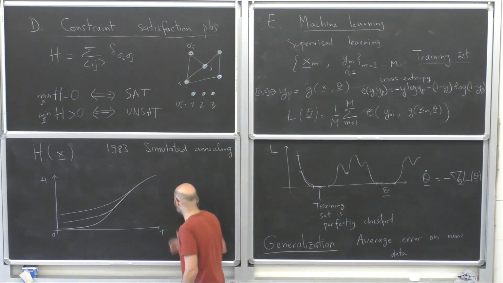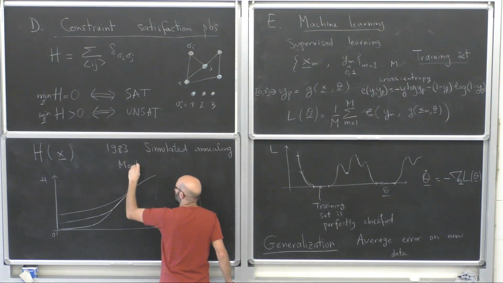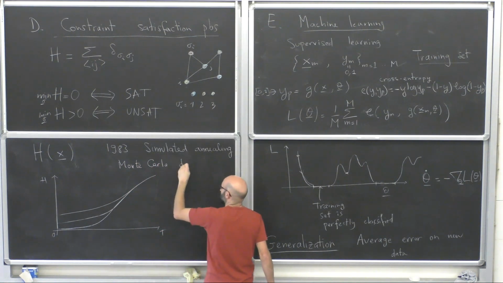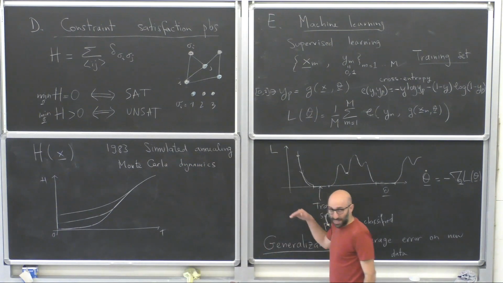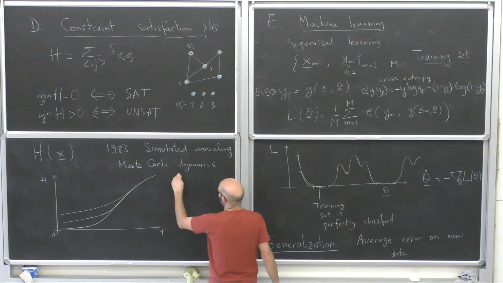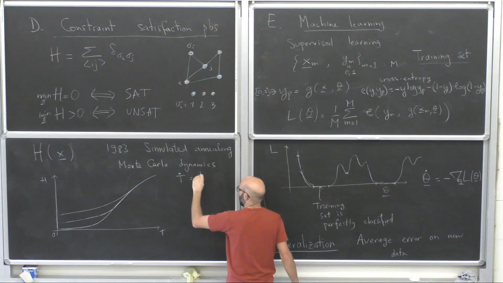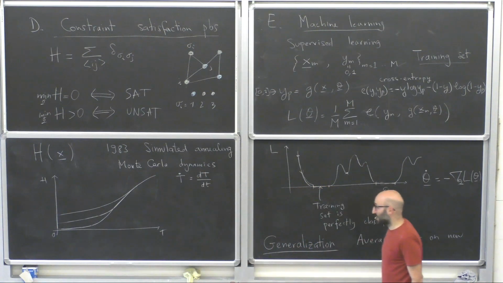So start from a random configuration and then do Monte Carlo dynamics and reduce the temperature at a certain speed, the cooling rate.